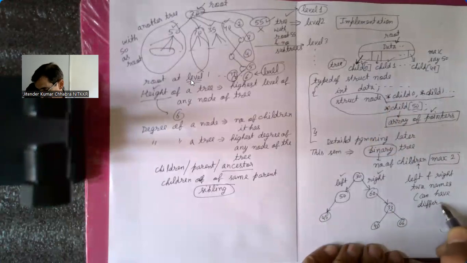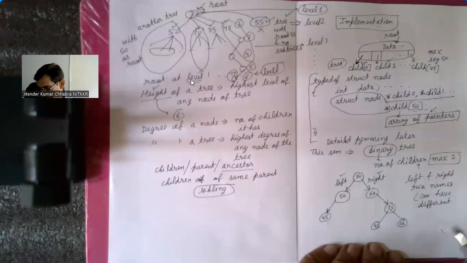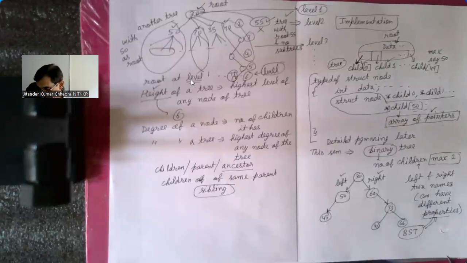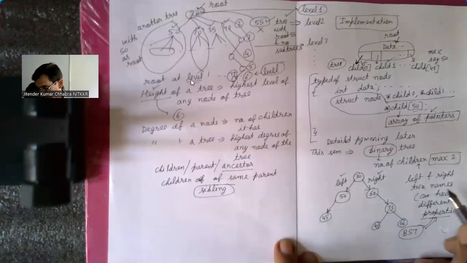In a family, normally we say for parents, all children are equal or they are treated in the same way. But in a binary tree, the left child could be treated in a different way, the right child could be treated in a different way. So, for example, we have a special tree which is called a BST, where this property will be valid. So, in real life, they are not differentiated, theoretically at least. But yes, in programming, we have the freedom. If we need, we can differentiate.